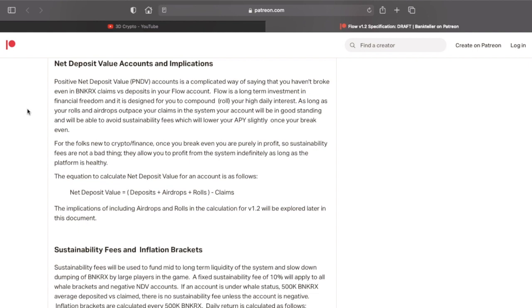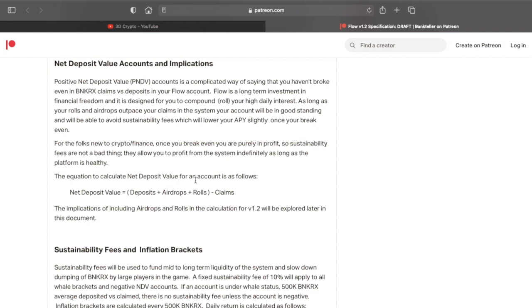Previously roles and airdrops did not count for your net deposits, but now there's a new equation. It will be deposits plus airdrops plus roles. That will get you your figure minus all your claims, and that will get you your net deposit value. This formula still has to be elaborated on more for the roles part of it, how roles will count, because currently roles count as a claim and a deposit, so they cancel each other out, so they do not help you get net positive.